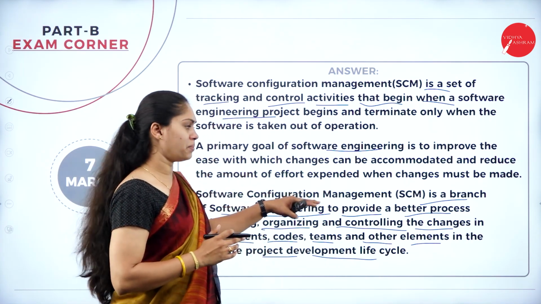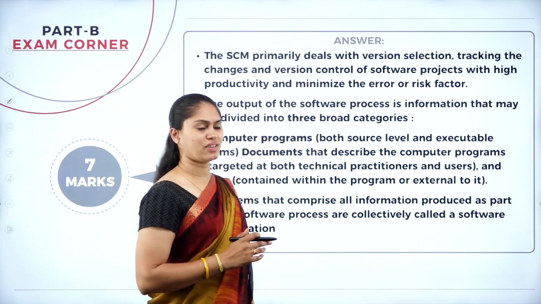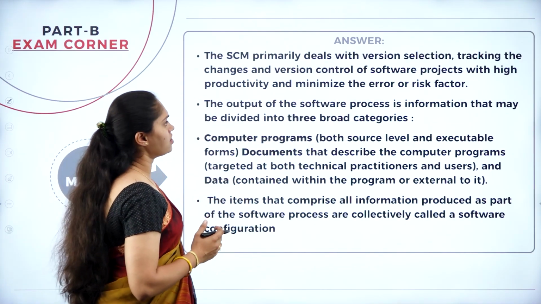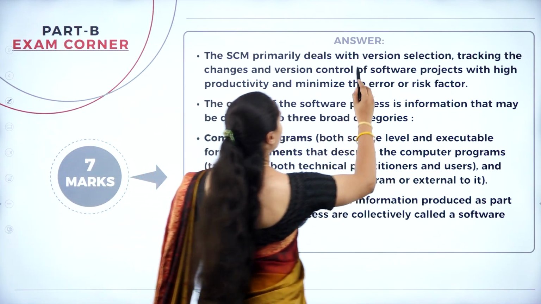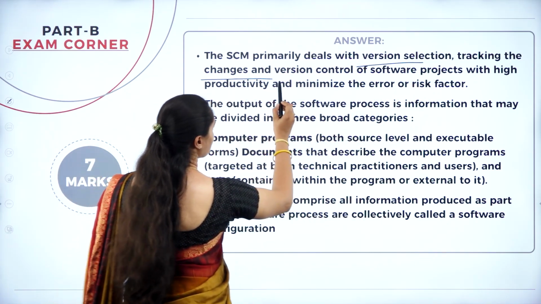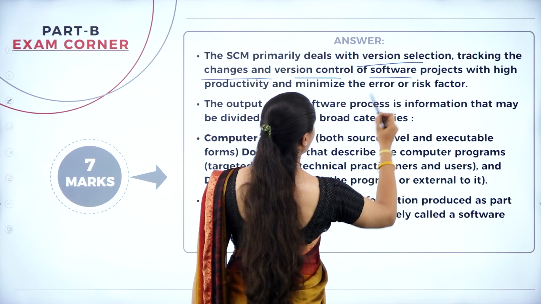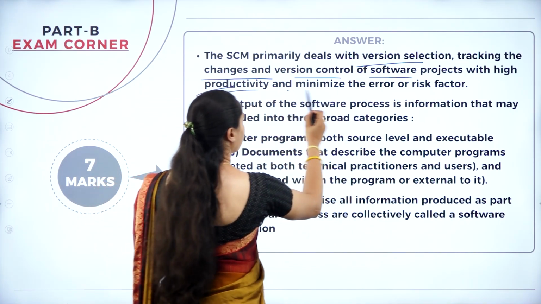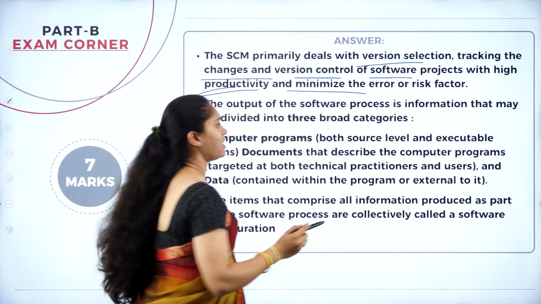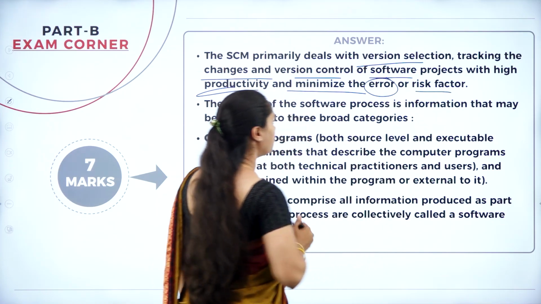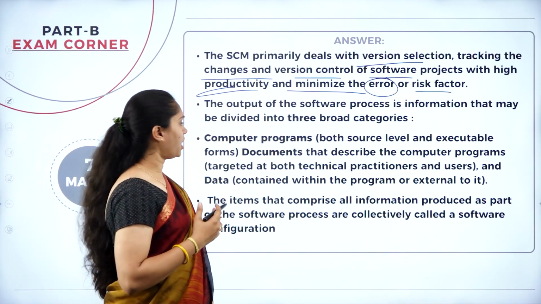For that purpose, we have software configuration management, and mainly it deals with version selection, tracking the changes and version control of a software project with higher productivity, and mainly to minimize the errors or risk factors in software development.